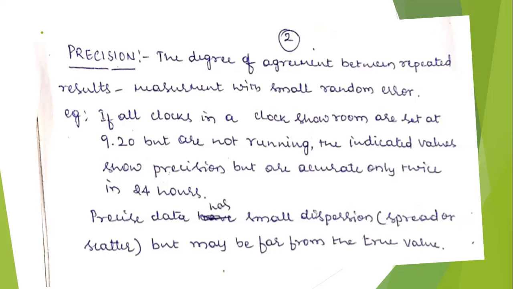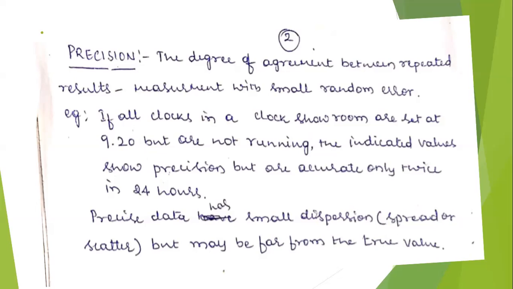A very good example is the clock showroom, which all of you have seen. All the clocks displayed in the showroom are not running. Remember, they are not running. The time is set to 9:20, 9 o'clock and 20 minutes, in all the clocks displayed in the showroom.